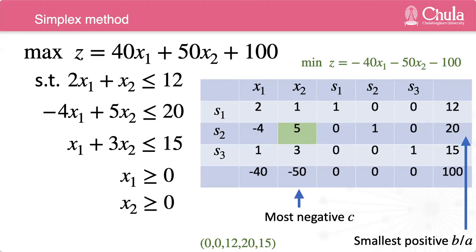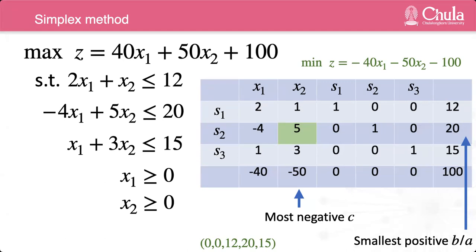To judge which one to remove, we look at the ratio of B over A. Because we're going to introduce this variable, we divide all these B values by A in this row. Why? Because next round, we're going to increase x2, right?